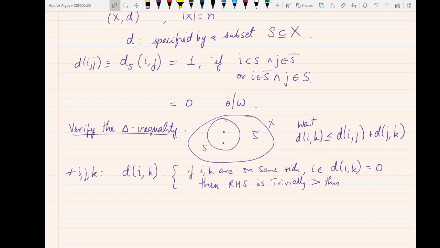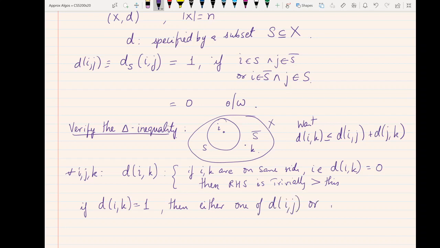But what if i and k are on opposite sides? So that's the case where i is here and k is here. So if d of ik is equal to 1, then either one of d of ij or d of jk is equal to 1.